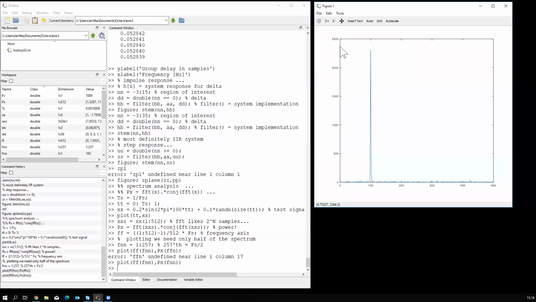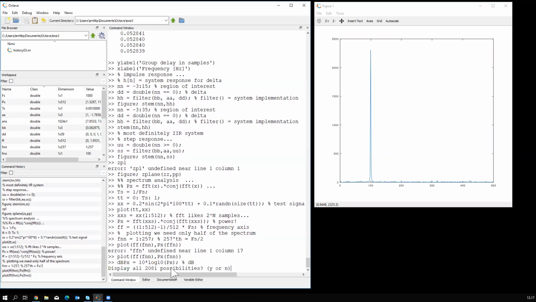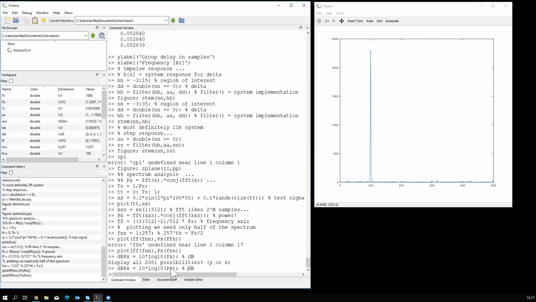This is power, and I plotted it in linear scale. No, we need to do the decibels. 10 times log base 10 of PX, in dB, of course.